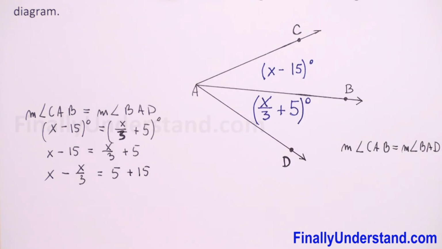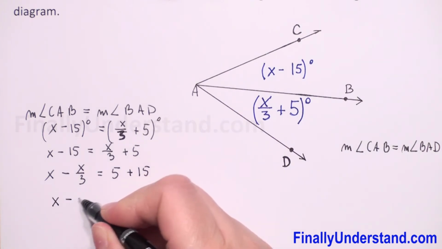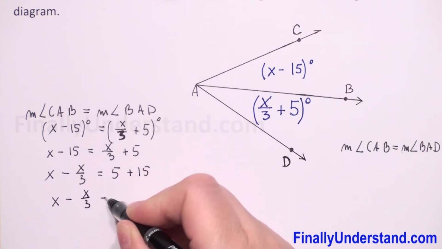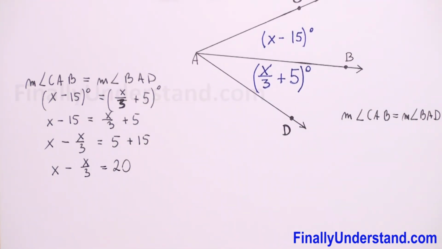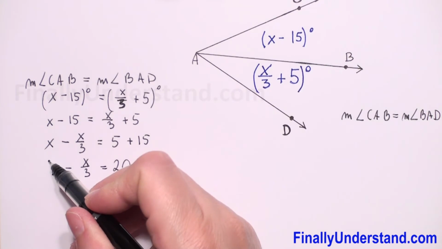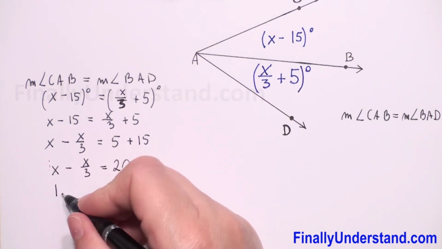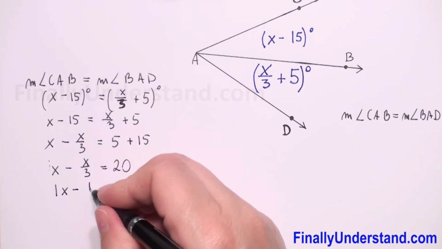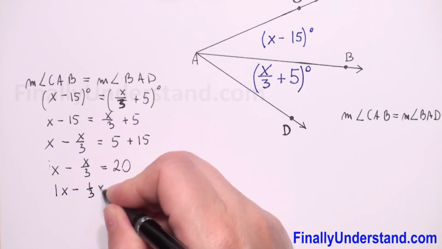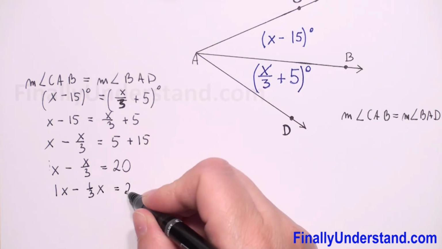So we have x minus x over 3 is equal to 20. What can I do now? We have 1x here. So let me put 1x, we have minus 1/3 x. This is equal to 20.